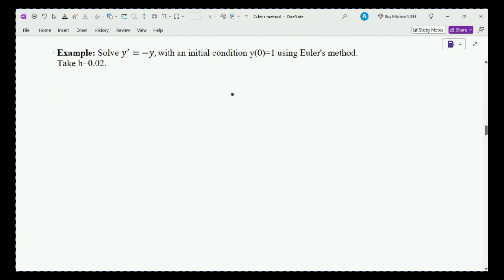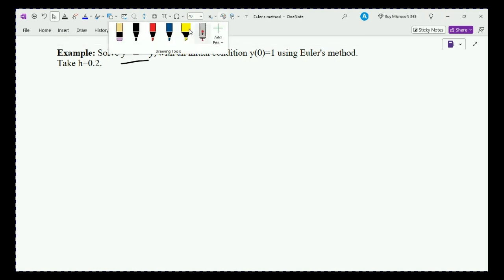This is the differential equation given. Solve y dash equal to minus y with an initial condition y of 0 equal to 1, using Euler's method. It is asked to take h equal to 0.2. If it is not given in the question, you can choose your own value for the step.